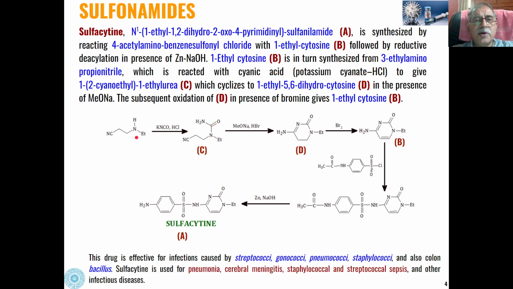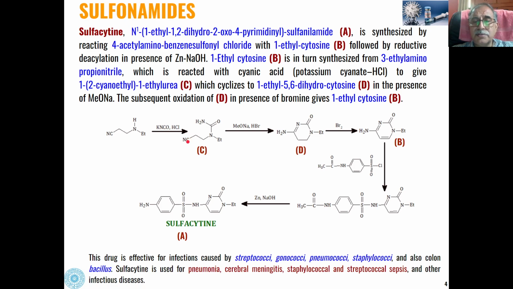from 3-ethyl aminopropionitrile. When this is reacted with cyanic acid in presence of hydrochloric acid, this gives us an ethyl urea derivative, and an ethyl and 2-cyanoethyl urea is formed. In the presence of a strong base like sodium methoxide in HBr, it undergoes condensation and cyclization.